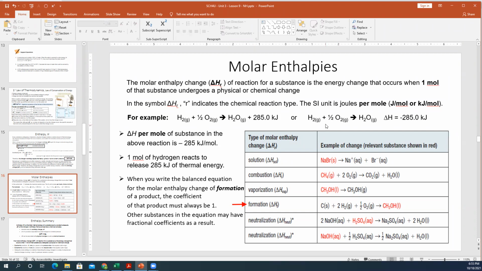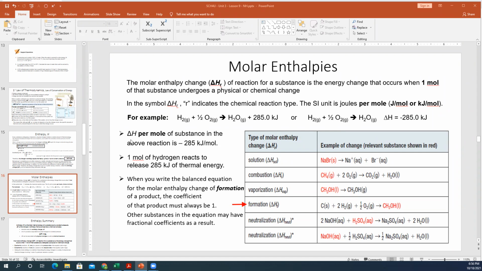Another way to write it is this: we can either put the kilojoules as part of the reaction, since it's producing this heat, or we can write it outside of the reaction on its right side as delta H, and make sure we give it a minus value because it's exothermic. This was produced by the system. That's another way of writing this.